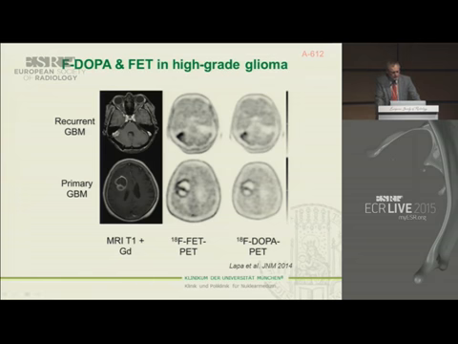If you correlate the fluorodopa and the fluoroethyltyrosine, you can see that the extent of the uptake is more or less similar, but the intensity is somewhat lower in the F18 dopa PET.